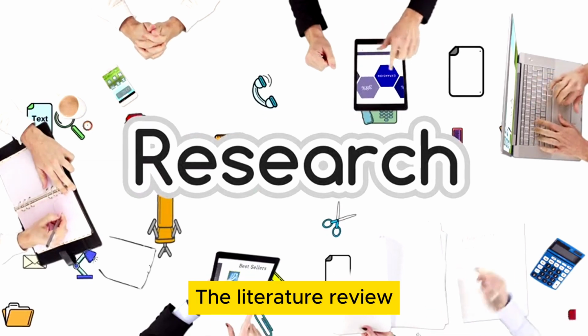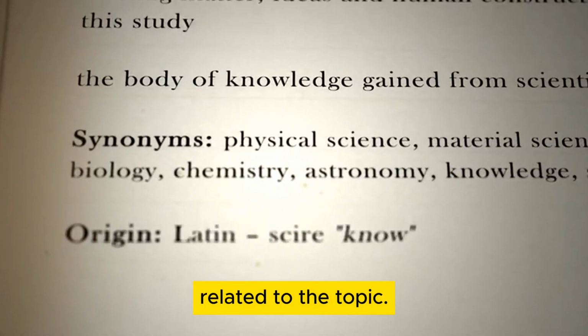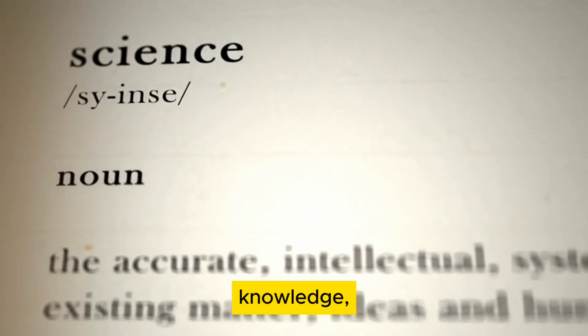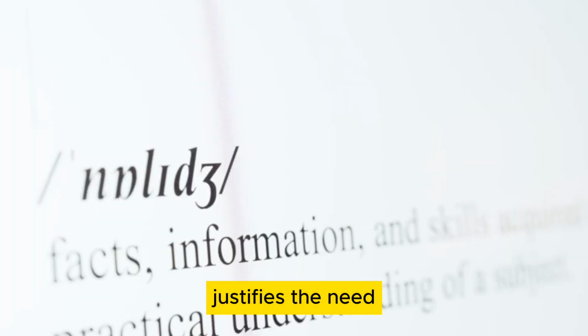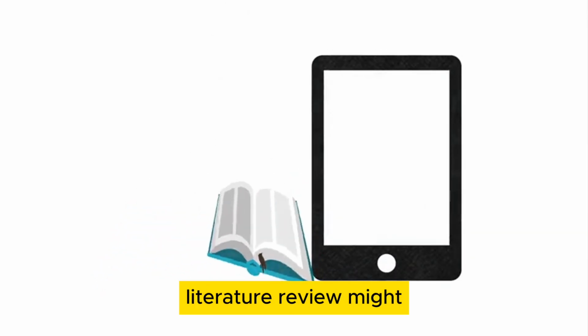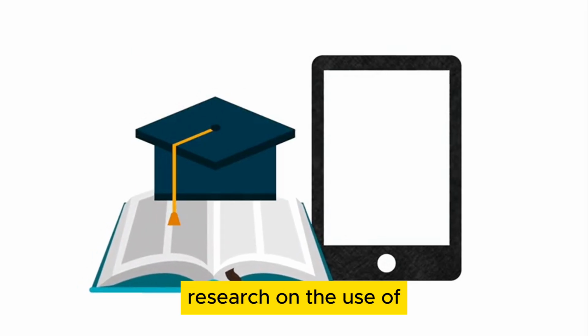The literature review follows, reviewing existing research related to the topic. This section shows the current state of knowledge, identifies gaps, and justifies the need for the study. For example, a literature review might highlight the lack of research on the use of digital learning tools in elementary education.